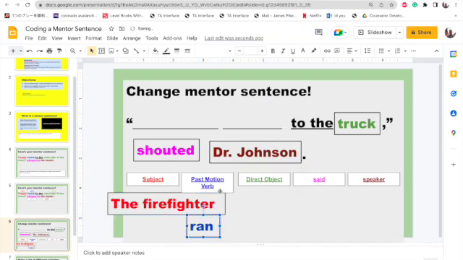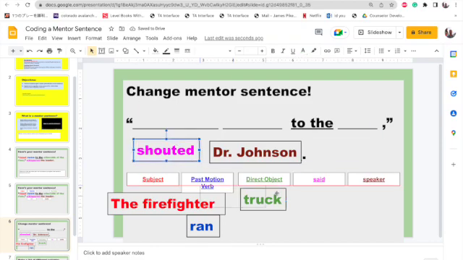Also, one thing I hope you talked about was that this was a past motion verb. If I wrote, the firefighter drank to the Dr. Pepper, that would sound funny. So it needs to be a motion verb, because "to" connects the direct object. In this case, the direct object has to be a place or a thing. So in this case, a truck.